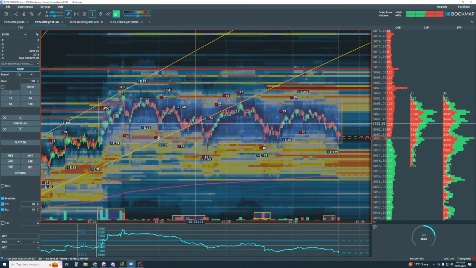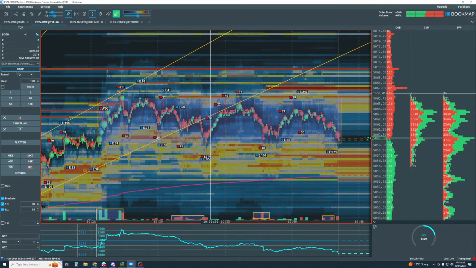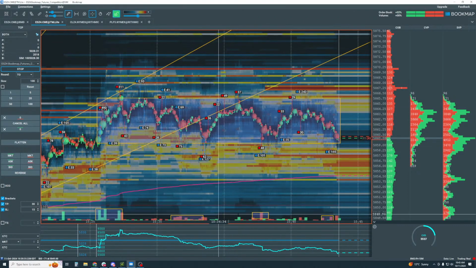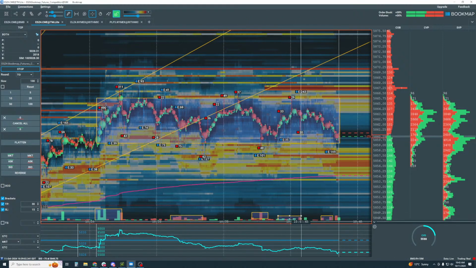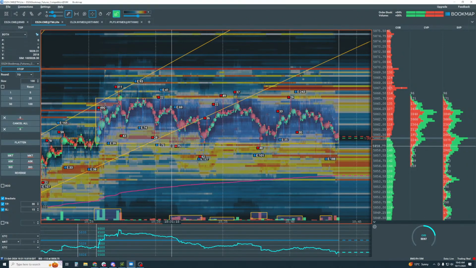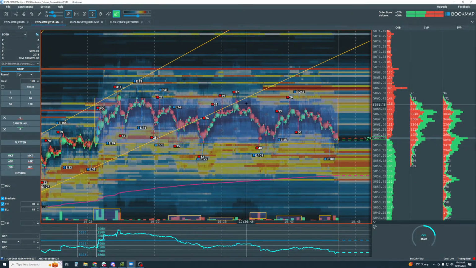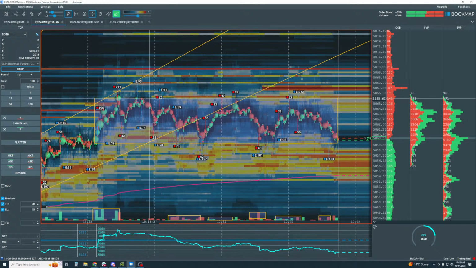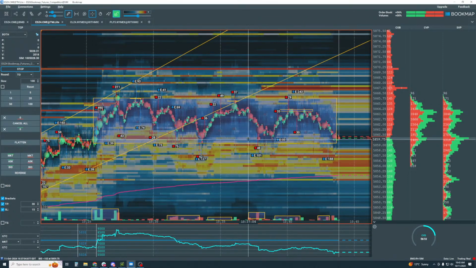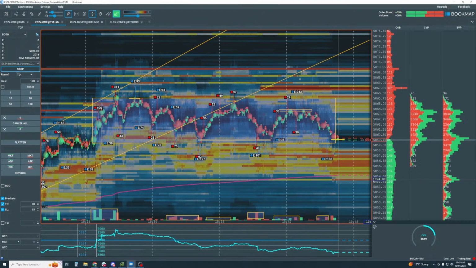But are we seeing a transition from buyers to sellers or sellers to buyers? Not really, not yet. We do see selling coming in, and look at the relative volume in some of these areas. There's a lot less buyers, and we're making lower highs. Here is a lower high, here is a lower high. We're making equal lows and just testing it here as well.